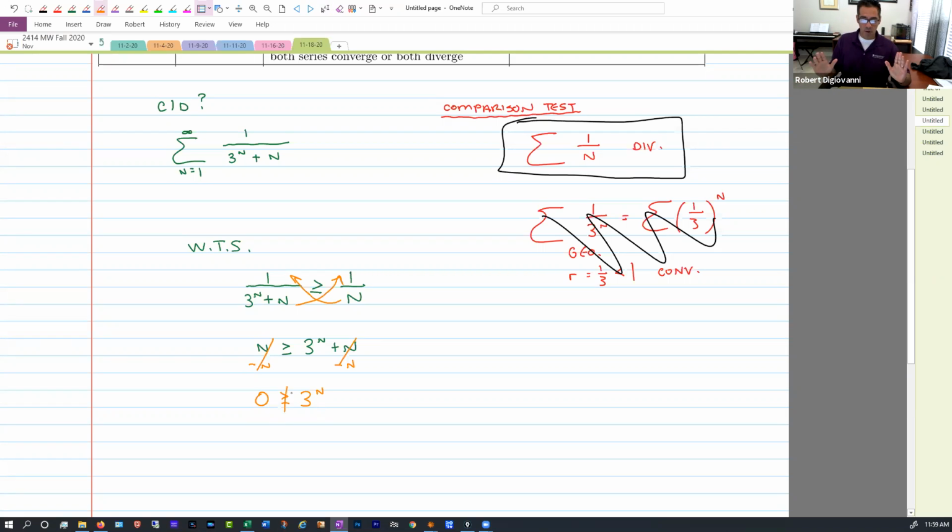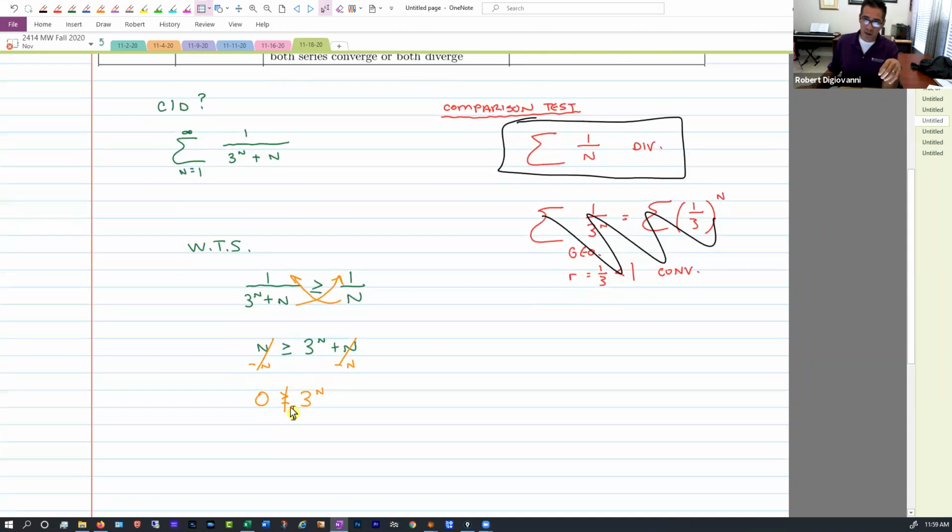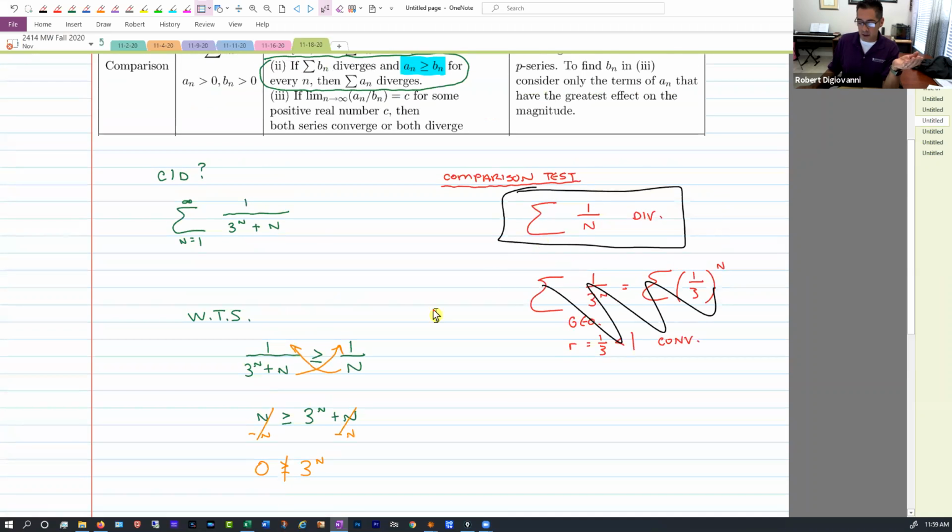Very, very important right now. What is our conclusion? That the series converges? So I think your logic there, Christian, is this. We did the comparison test with something that diverged, right? We tried to show that this inequality was true, but we said it wasn't. So I think most students would say, okay, then this didn't work, that means it must converge.